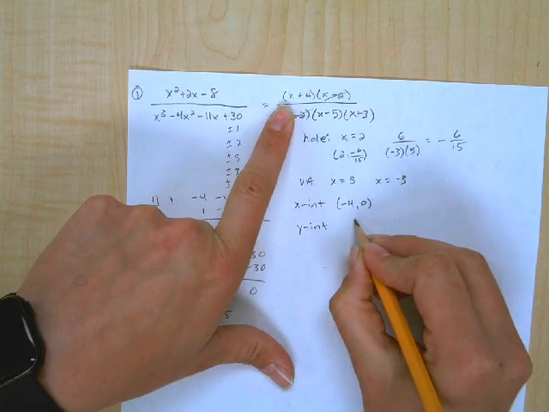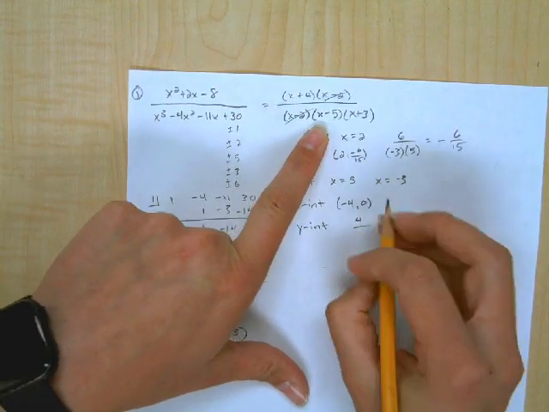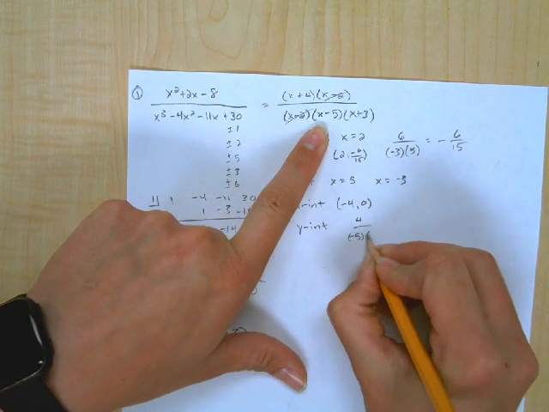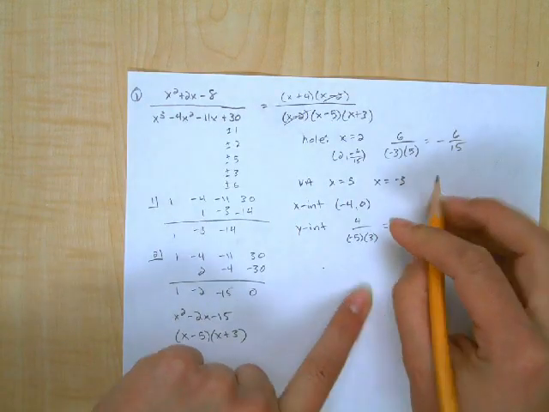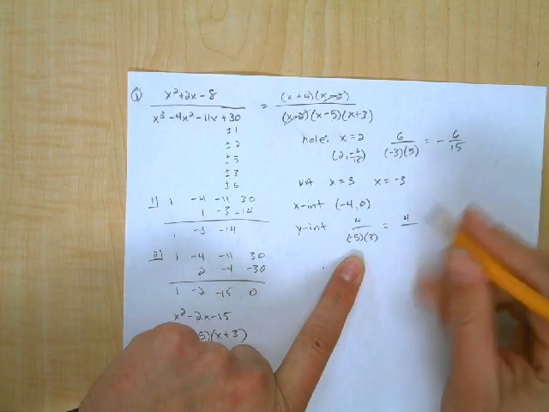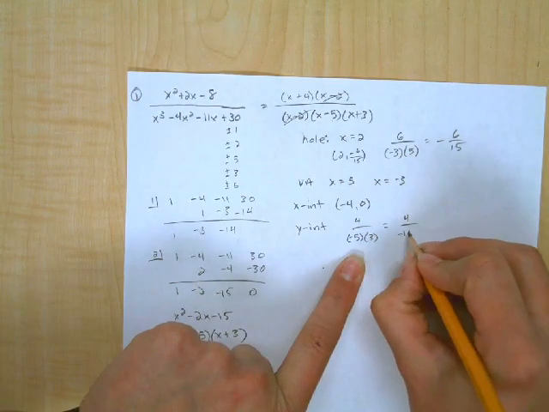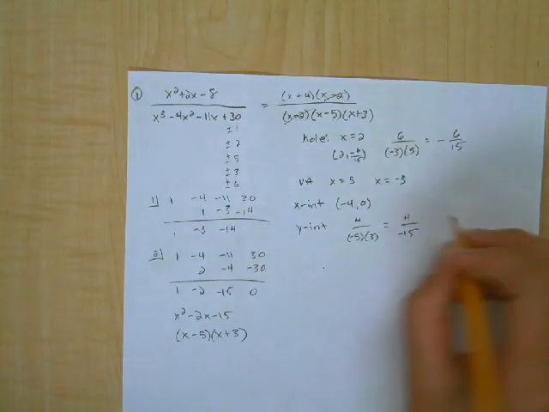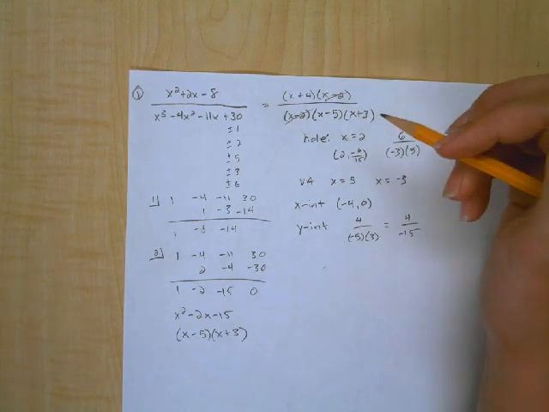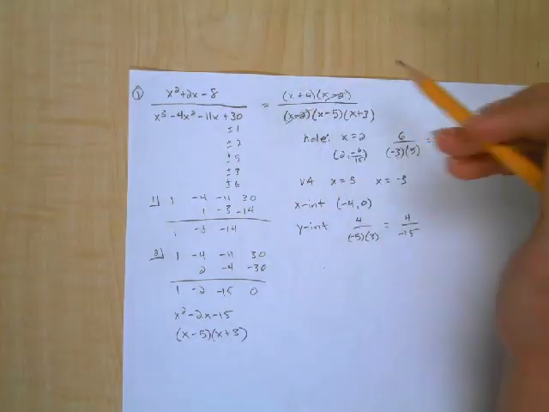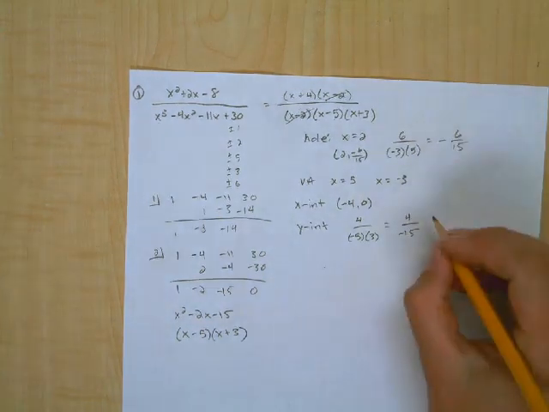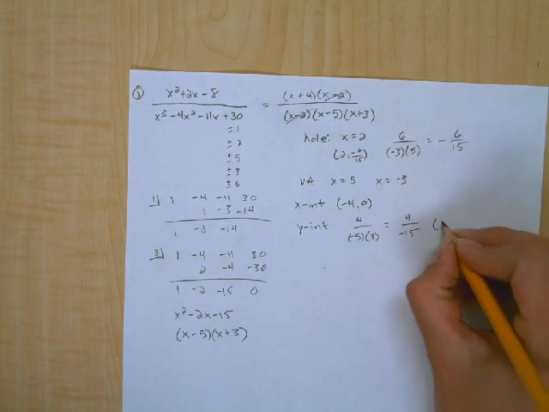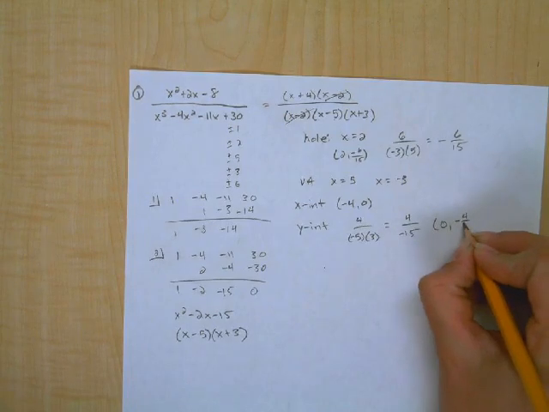That would give me 4 over negative 5 times 3. Right, so 4 over negative 15. Right, so just plugging in a 0 for the x value there. All right, so you get 4 on top, and you get negative 5 times 3 on the bottom. So negative 4/15. So x is 0, y is negative 4/15.